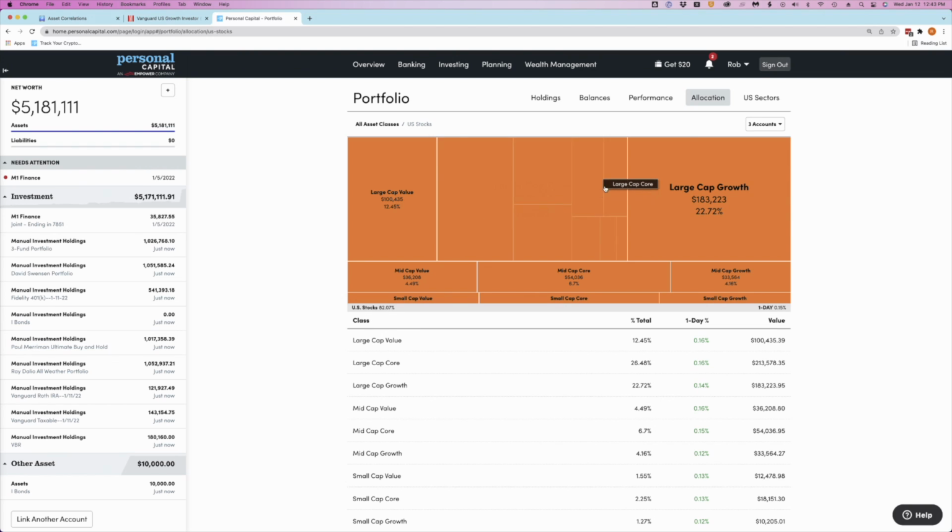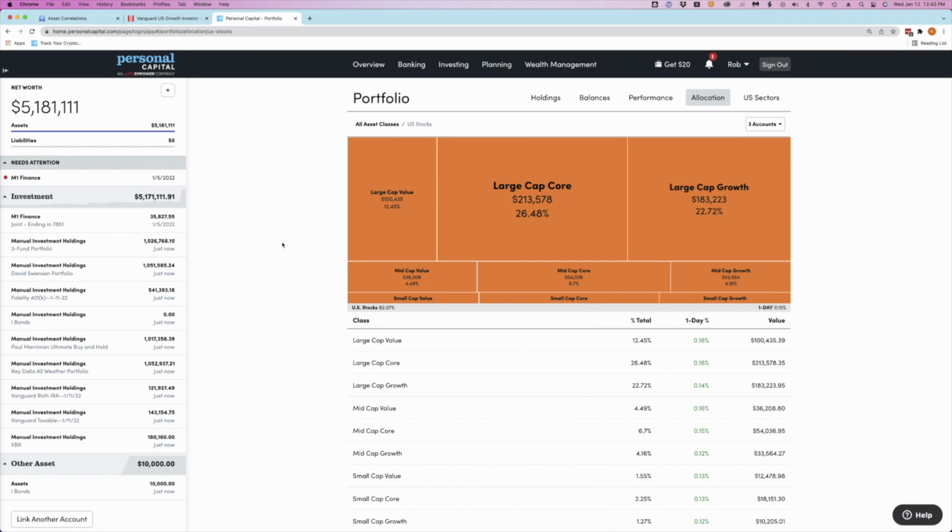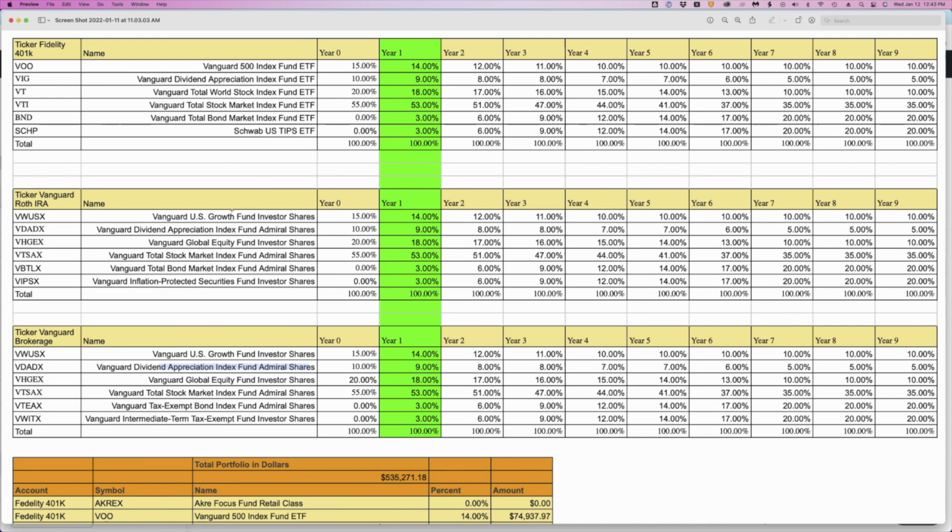And so we can, of course, drill down into each of these and see which funds account for each asset class. But if we go back to his portfolio again, it raises the question, is it really worth the complexity to add dividend appreciation and US growth? If he wants to tilt the portfolio towards value, he could focus on a value fund. If he wants to tilt it towards growth, he could perhaps add a growth fund.